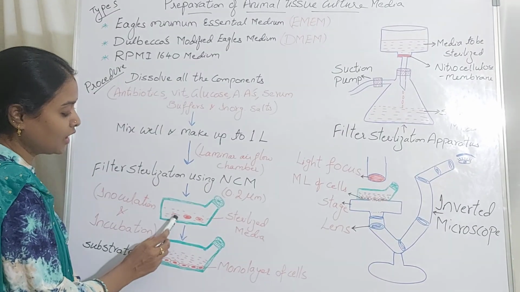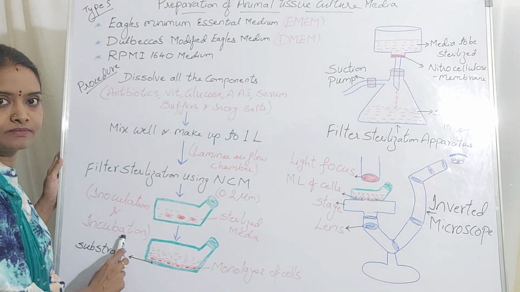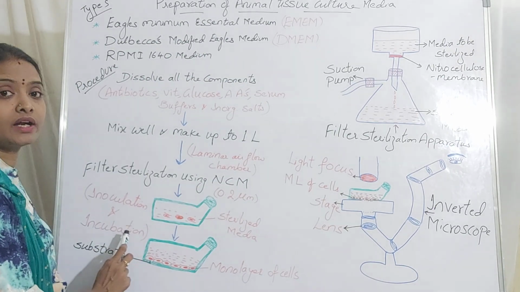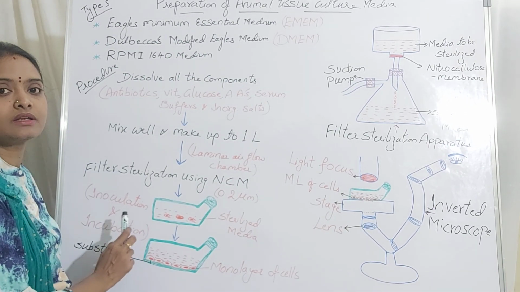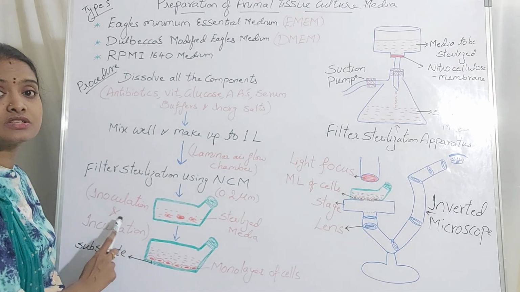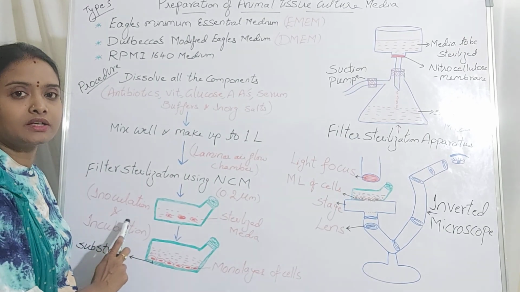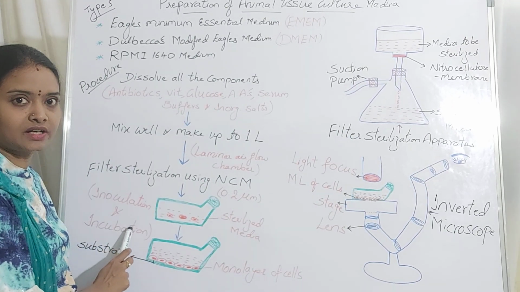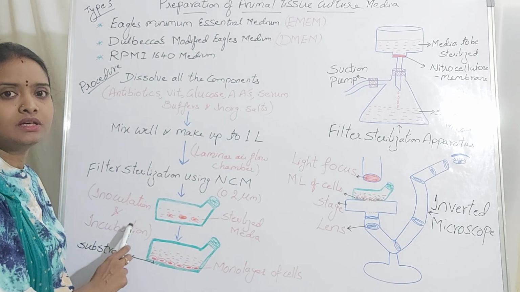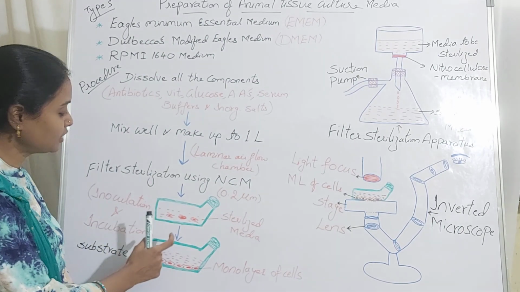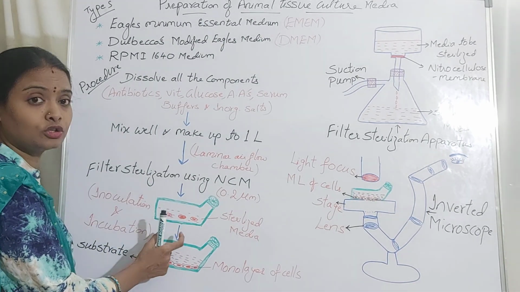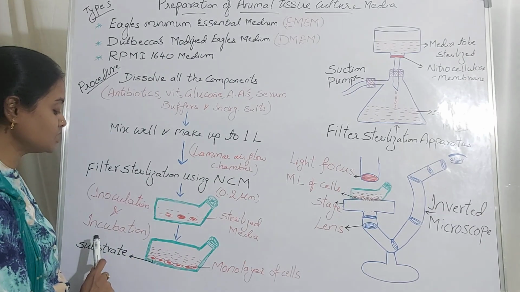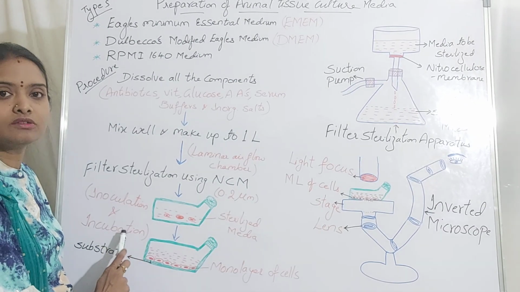After inoculation you go for incubation, right? Inoculation and incubation are done under favorable conditions, where the pH is maintained at 7.4, temperature at 37 degrees centigrade, and the osmolarity, everything is maintained. The main property, as I told you in the last class, is that they require a CO2 incubator, not the normal incubator.